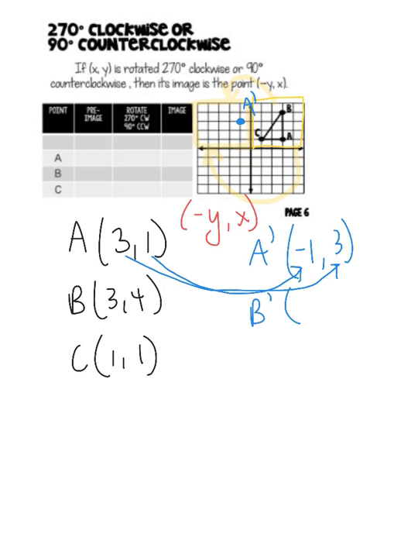B prime would become (negative 4, 3), and C prime would be (negative 1, 1). We plot them, 1, 2, 3, 4, then 1, 2, 3, and then C prime at (negative 1, 1), and then connect. And we have our triangle.